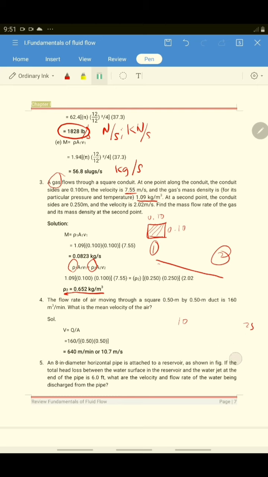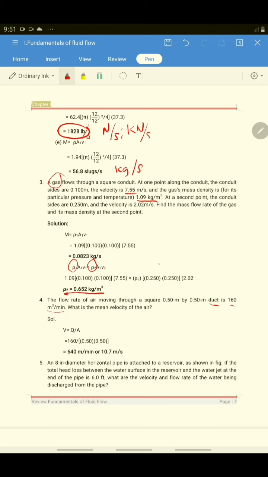For number 4, the flow rate of air moving through a square duct that is 0.5 meters by 0.5 meters, the Q is 160 cubic meters per minute.